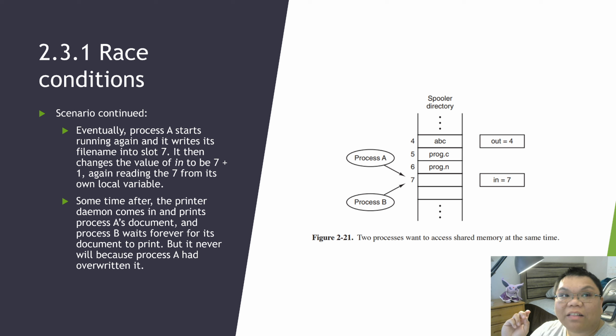Process A still thinks the next slot is slot number 7, so it writes its file into slot 7, overwriting whatever file process B had written there. So process A's file gets printed, and process B's file never gets printed.